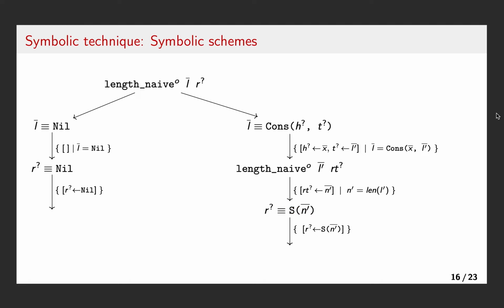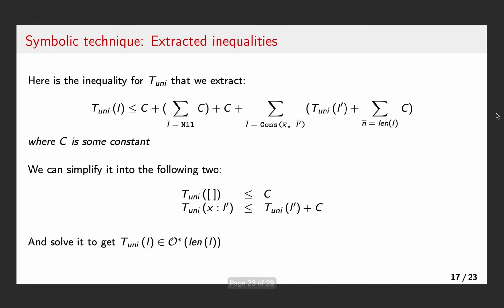We can then easily check the criteria on the scheme and go through it, applying our estimations directly to extract recursive inequalities for different components of the search. For example, for time of unification without occurs checks, we extract the following inequality.